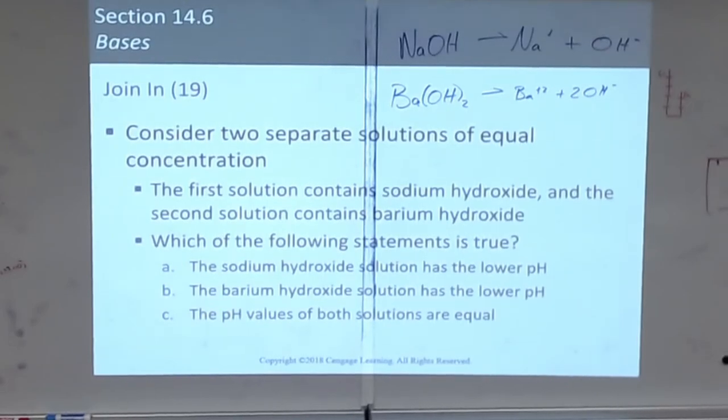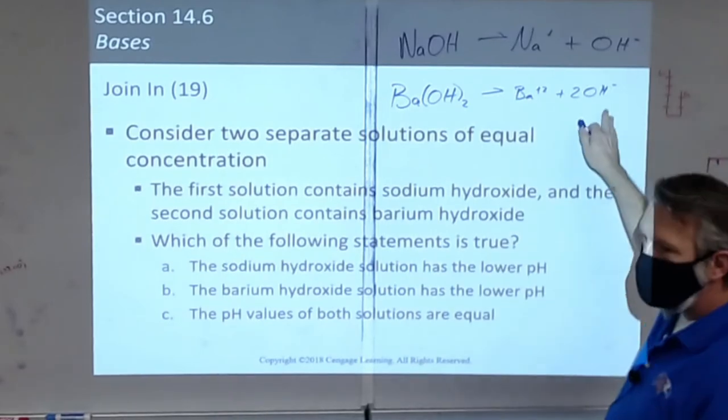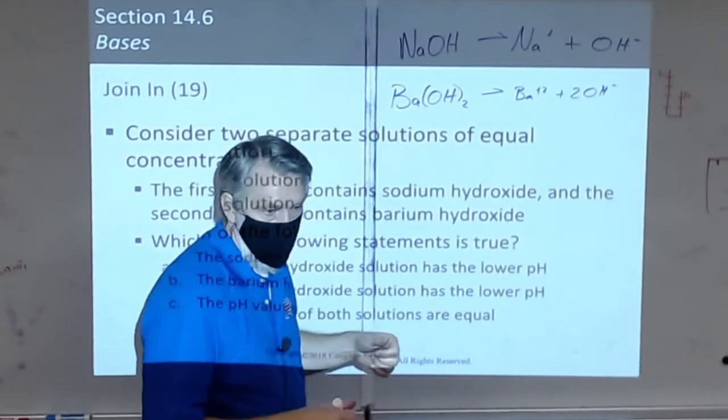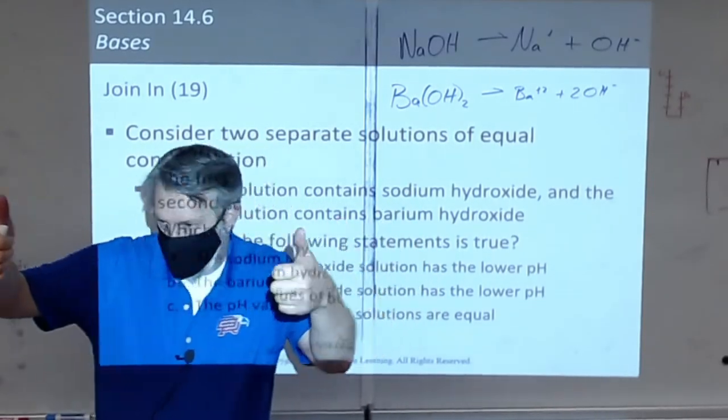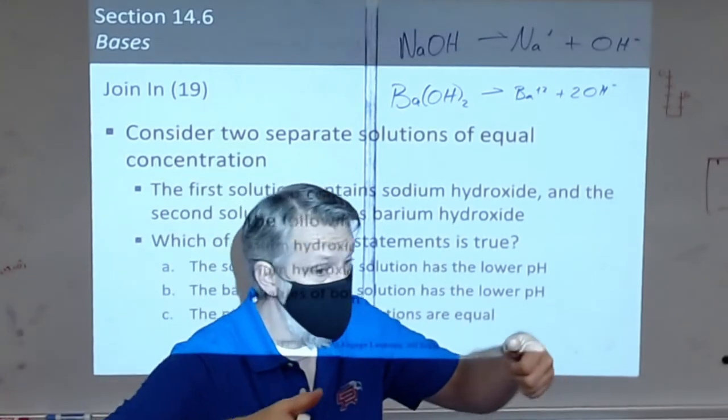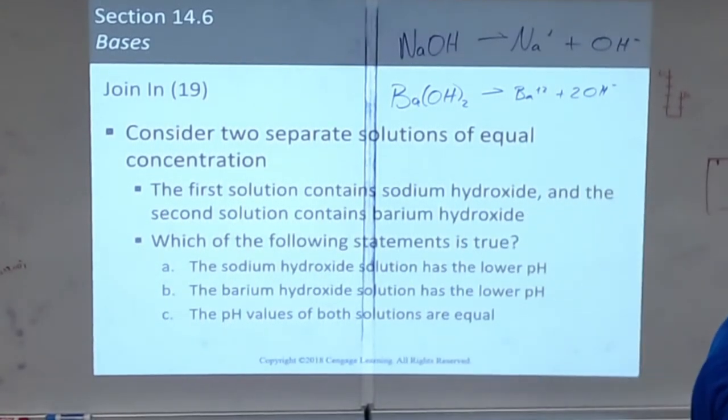Do y'all get that? This is one of these multi-step ones. At first you'd think, oh, there's twice as many hydroxides, so the pOH would be higher in the barium. If the pOH is higher, the pH must be less.